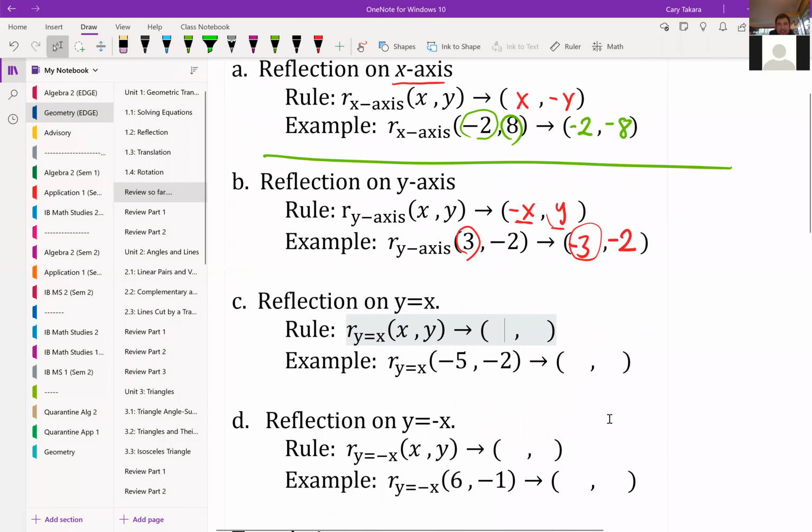Okay, next, it is reflection on y equals x. Does anybody remember how it goes for reflection?